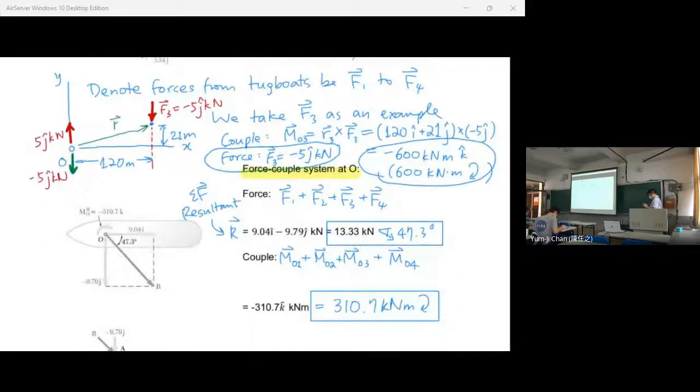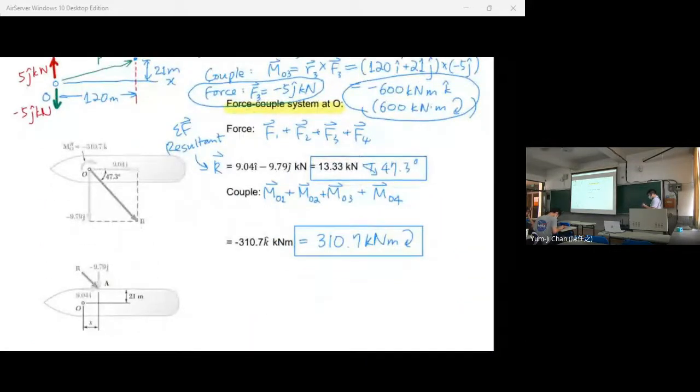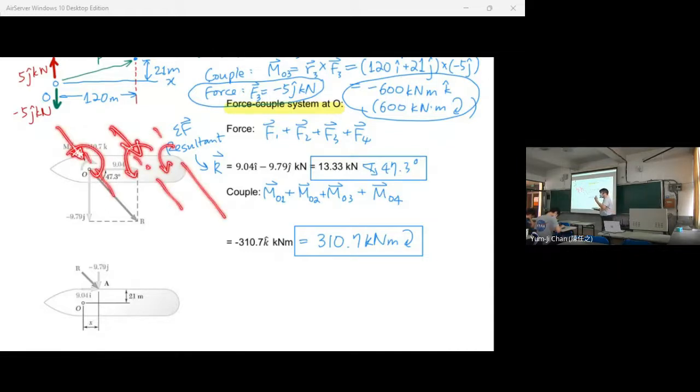In part A, for point O, we have a force couple system: a force and a couple at the point. If we change it to somewhere else, the force will be the same, but of course the couple part will be different. If we put the force at O prime, then the force and couple will be different.